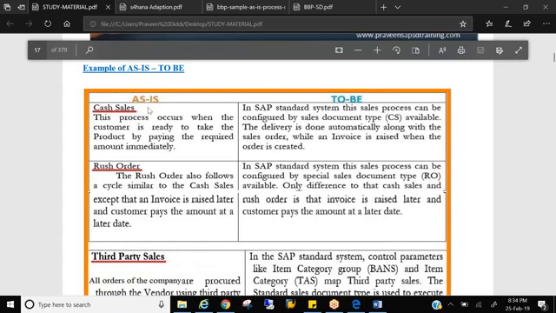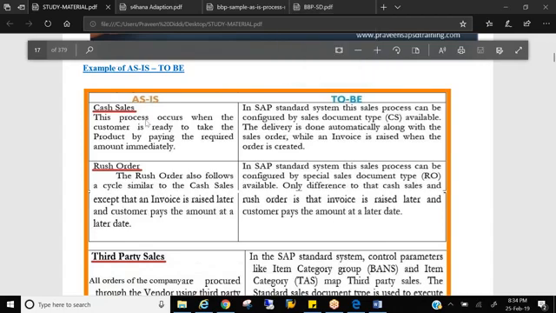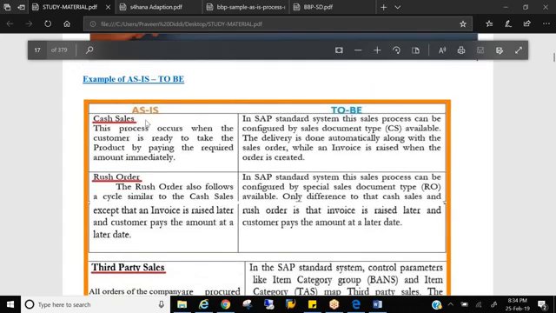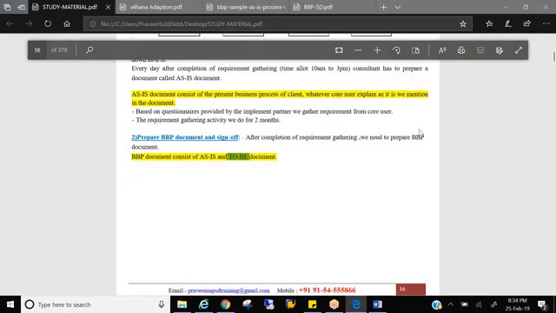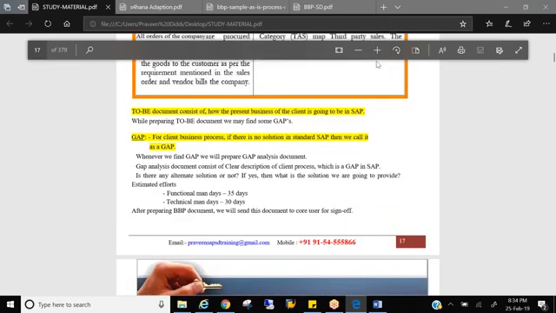So as-is is how the customer business is running, and to-be is how this is going to be in SAP. That's what you do in the process, right? Once you prepare this as-is and to-be, that is a BBP document, then in between, as I told you, you will find some gaps. Why? Because some client requirements may not exactly fit into SAP.